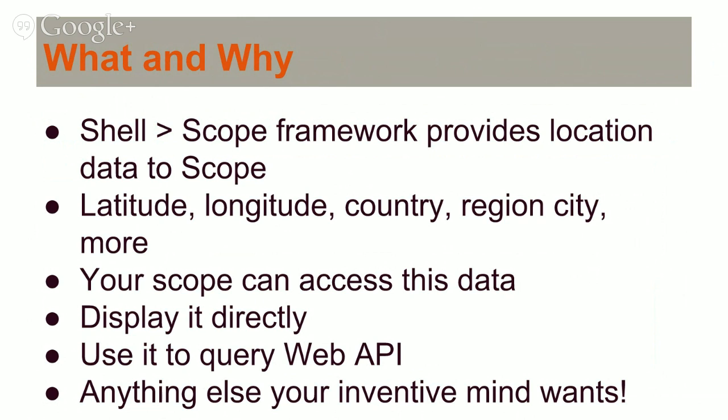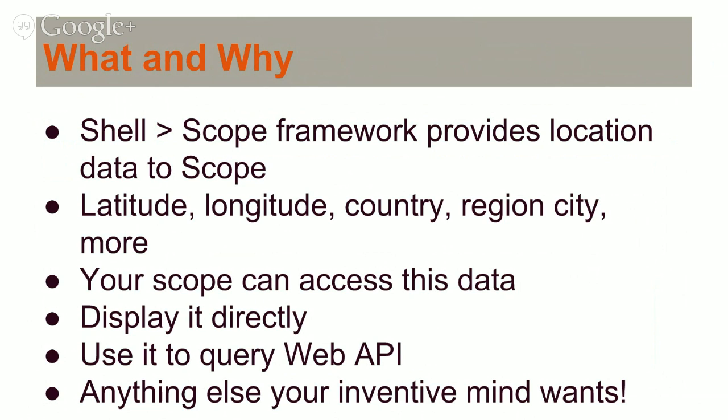It includes lots of different bits of information, for example latitude, longitude, country, country code, region, region code, city, city code, and more. Not all of them are always available, so we have to take steps when coding to handle the cases where it's not available. But this location data is available to your scope, and you can access it.